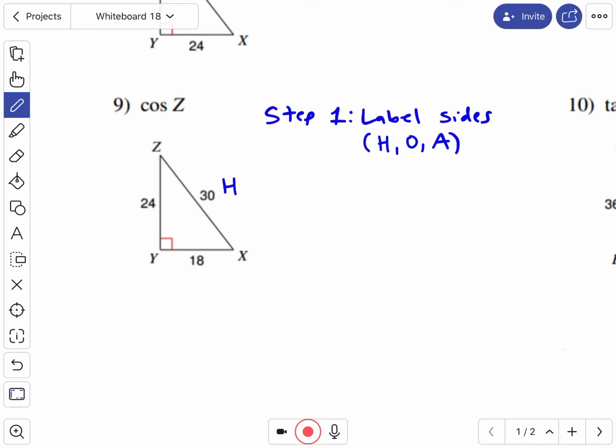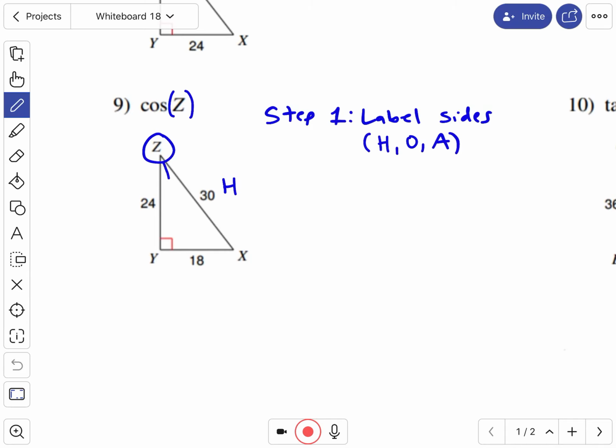The next one is this Z. I'm going to put parentheses around it just to show how important it is to focus in on what Z is, and that is Z. I'm going to actually circle this here. So the question is, this is our reference angle. Which side is across from the reference angle?